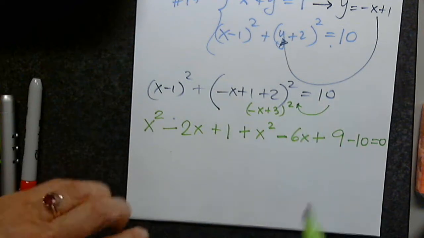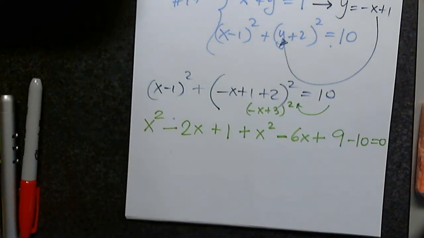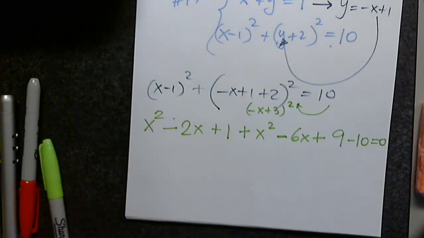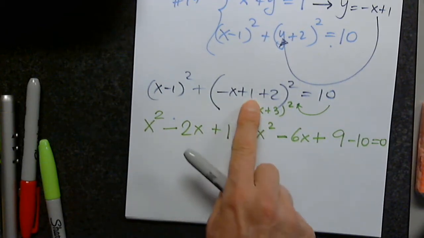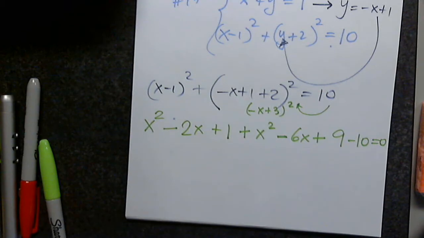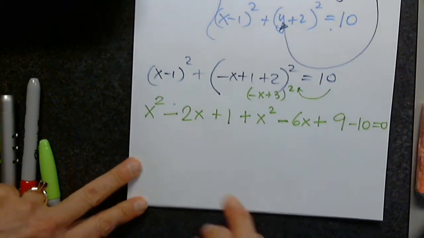I brought 10 to the other side because this is quadratic and I have to set it equal to 0. Negative x plus negative x, 1 plus 2 is 3. Is that okay? Good.